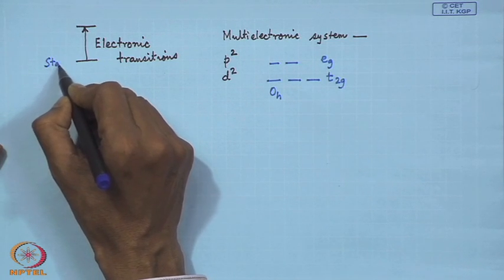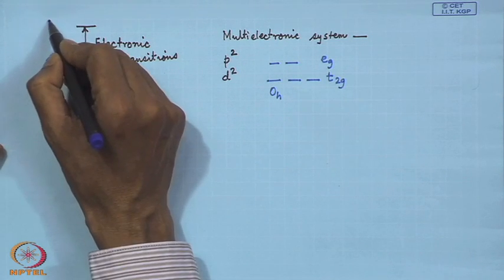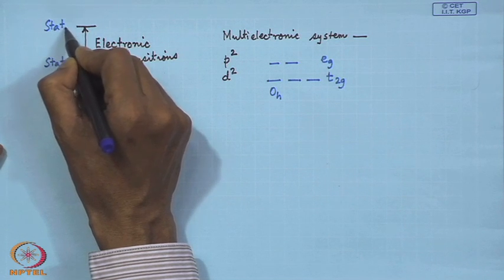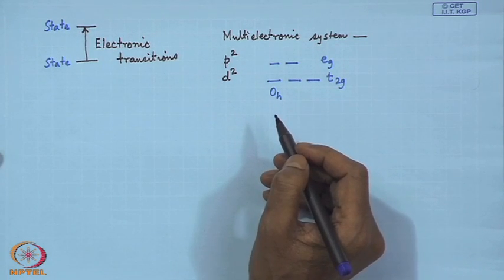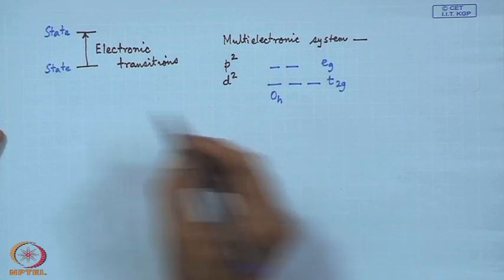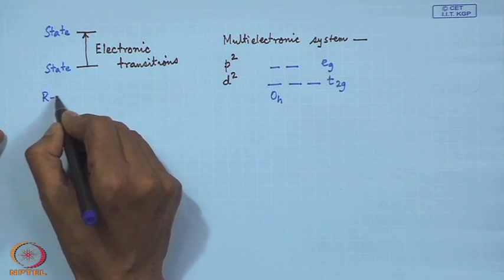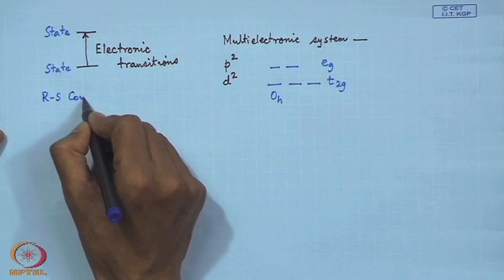So, we have state number 1 and state number 2, and we will be labeling according to the corresponding Russell-Saunders coupling what we have seen.